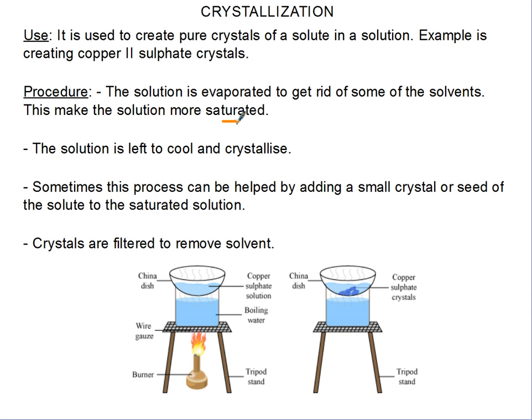But if you keep adding the salt, it will get to a point where the salt is no longer going to dissolve, and that is what we call a saturated solution. So when we evaporate some of the water from the copper sulfate solution, the solution becomes saturated. Now we leave the solution to cool, and then the crystals are going to be formed.